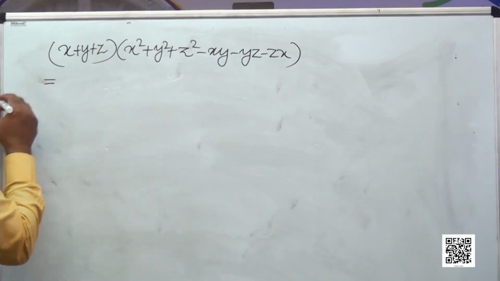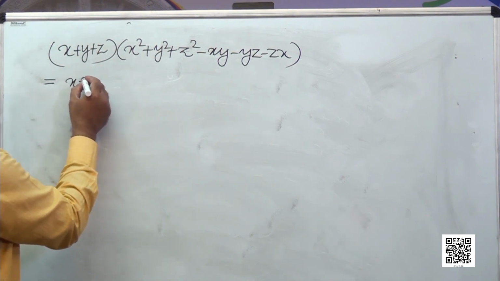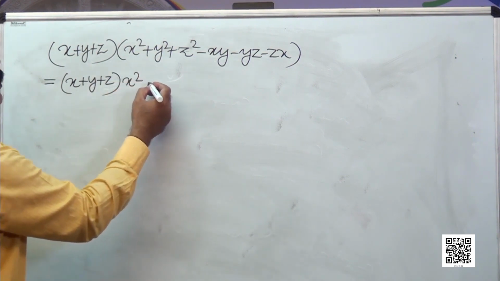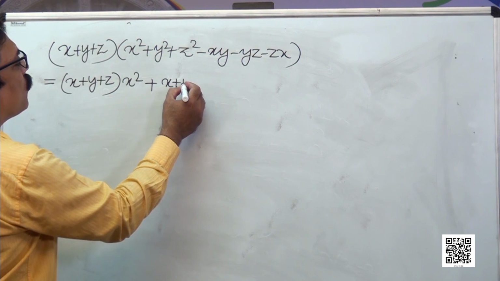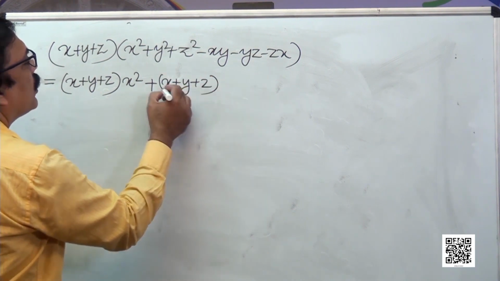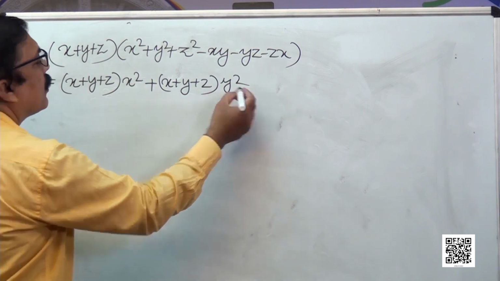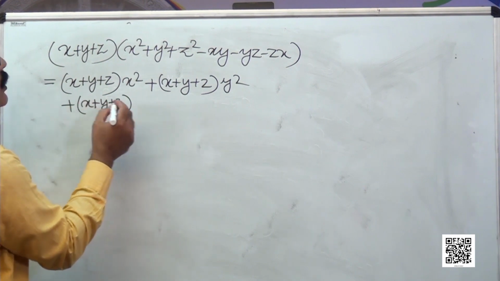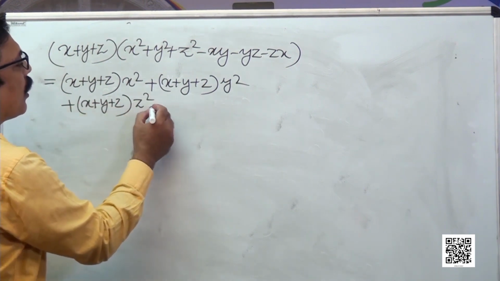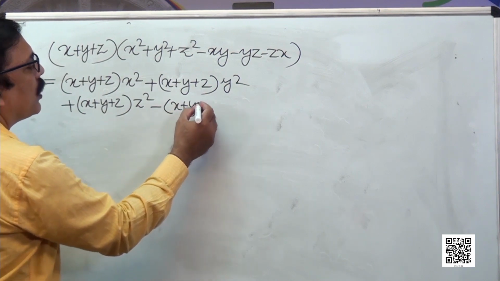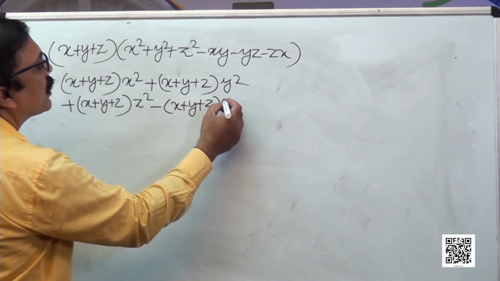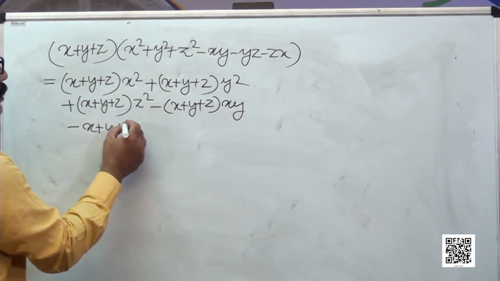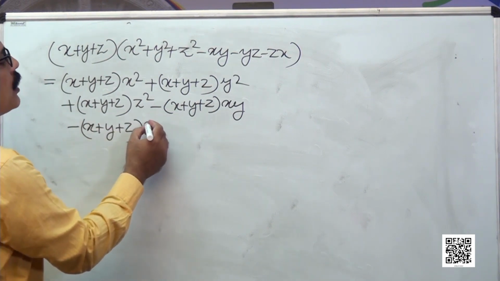We can simply multiply x plus y plus z with x square, x plus y plus z with y square, x plus y plus z with z square, x plus y plus z with minus xy, and x plus y plus z with minus yz.